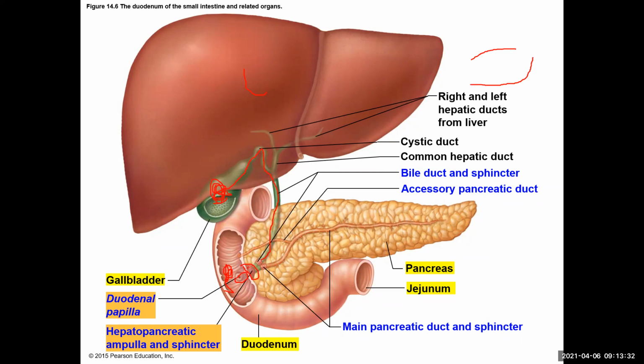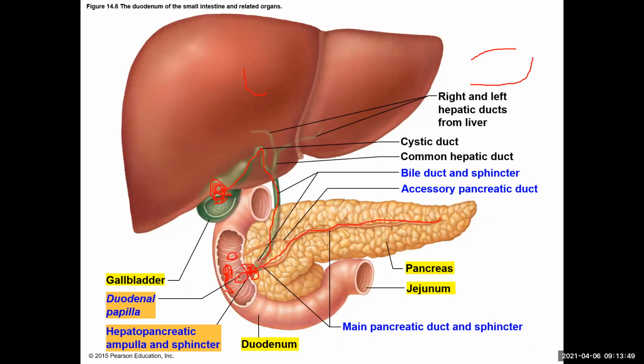So it's stored over here. At the same time, the pancreas produces the pancreatic juice, which is rich in so many digestive enzymes. It is also sent into this ampulla. Then we have a small opening here called the duodenal papilla.